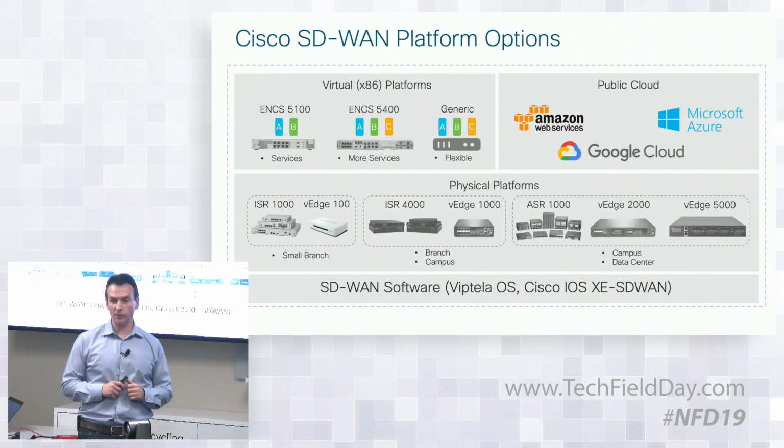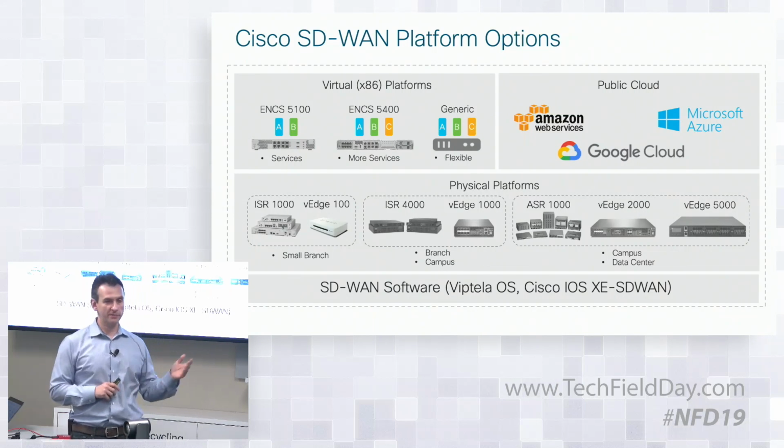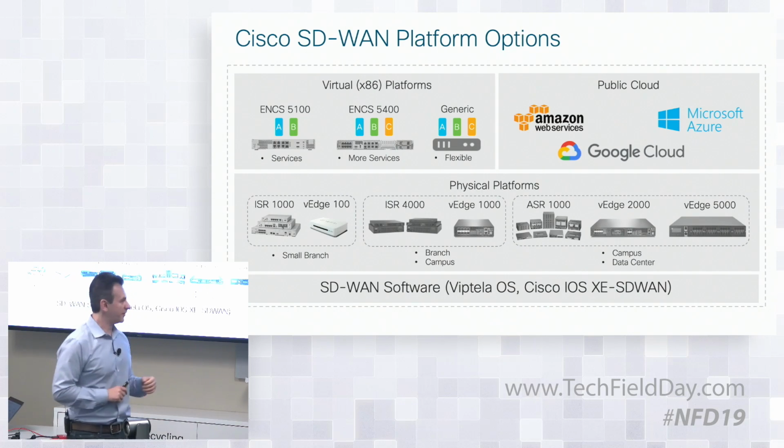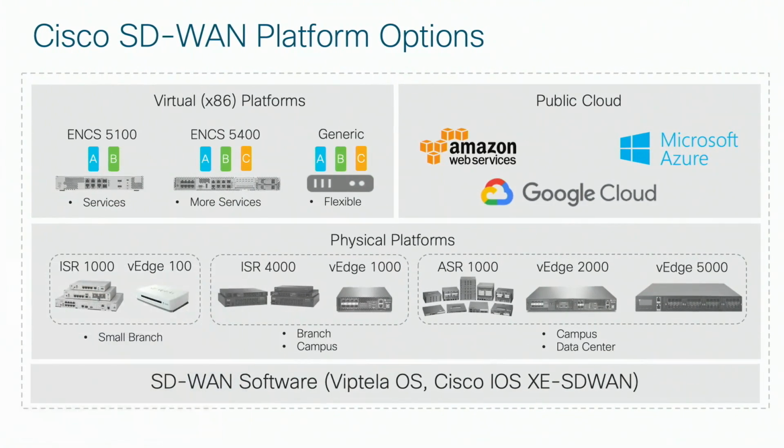Now, I mentioned platforms, right? Our customers have a wide variety of platforms they can choose from. For physical platforms, the choices are either ISR platforms or the traditional Viptela vEdge appliances. Many of our customers prefer to consume this technology as an appliance, a router.